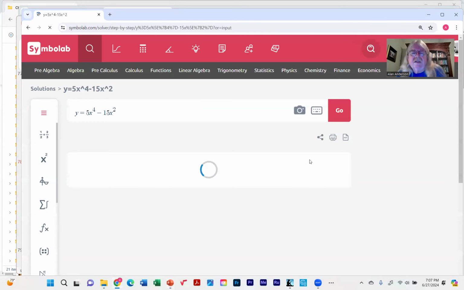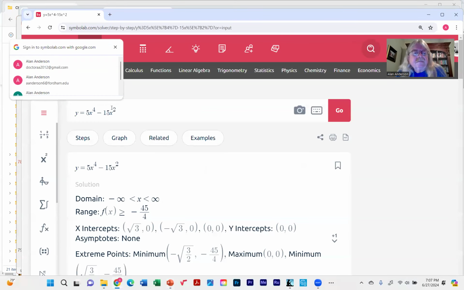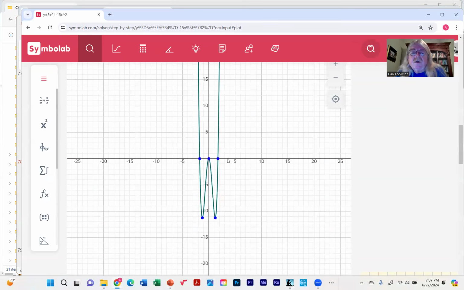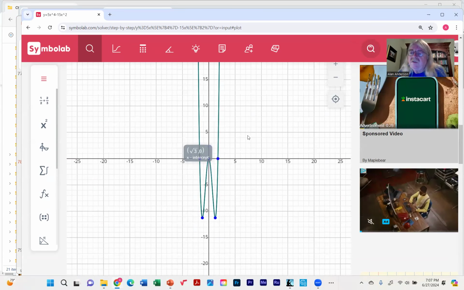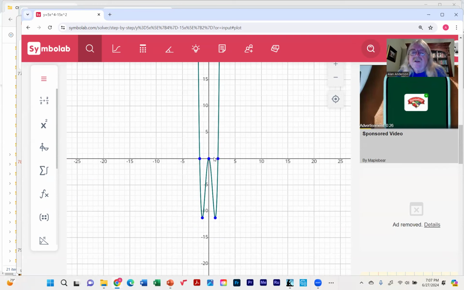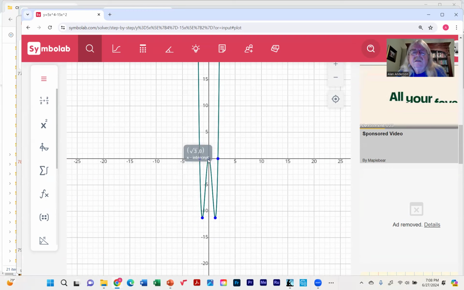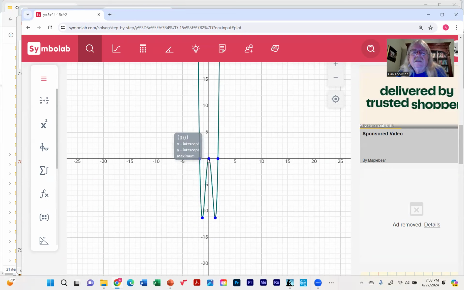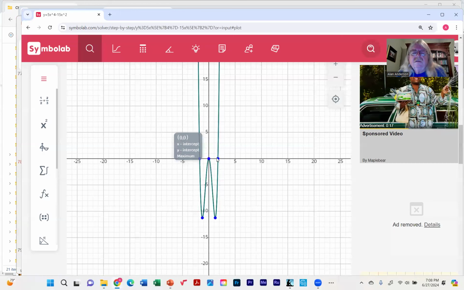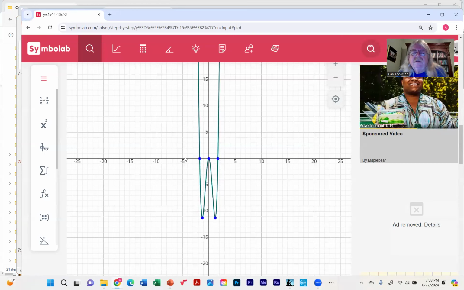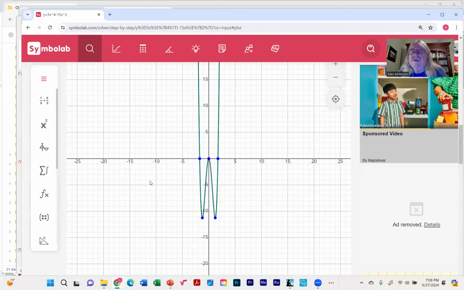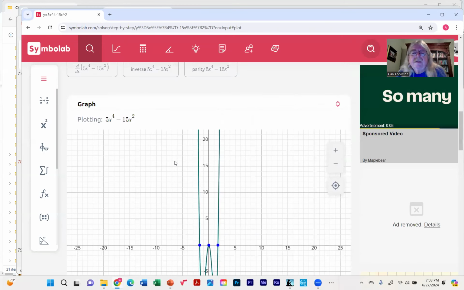All right, let's take a look at this thing. You can see it does cross 3 times. It's a very strange little graph. It crosses 3 times, and according to Symbolab, they are 0, radical 3, and negative radical 3. Those are going to be our 3 critical points.